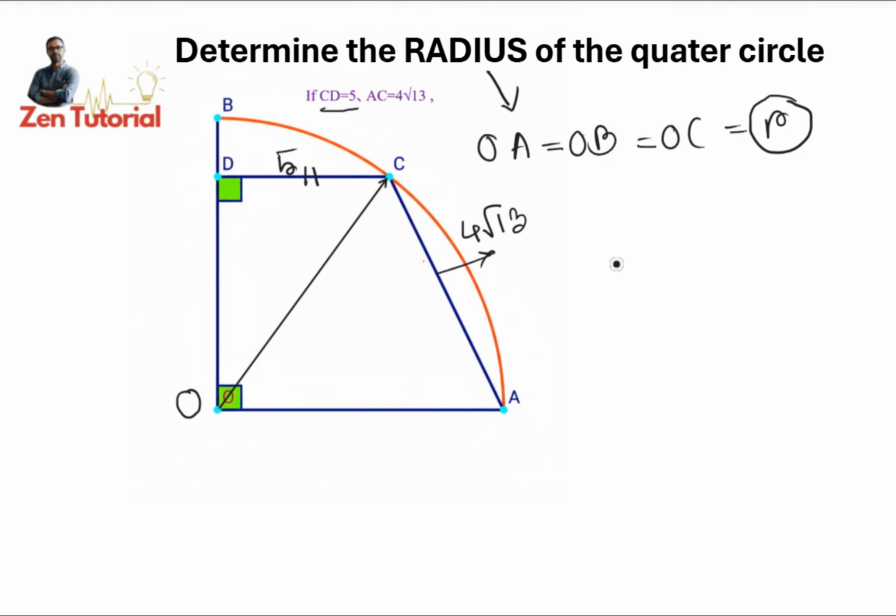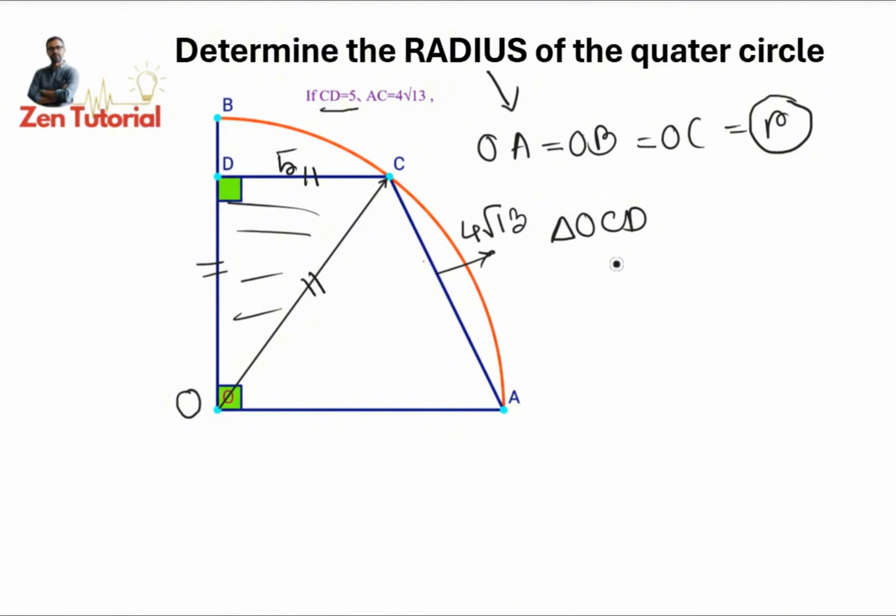Now, the triangle OCD. OC is the hypotenuse, OD is the perpendicular, and DC is the base of the triangle.